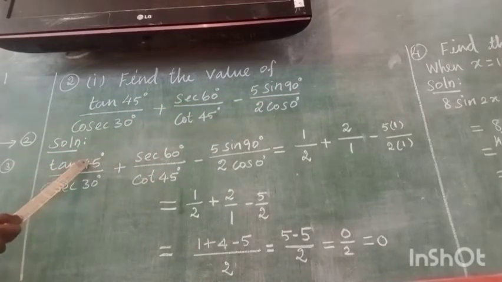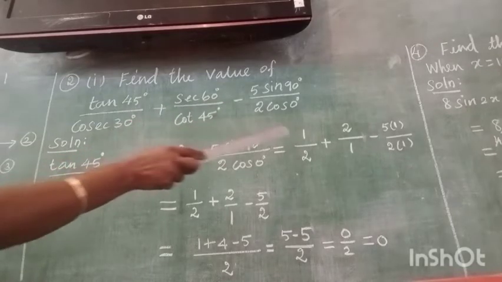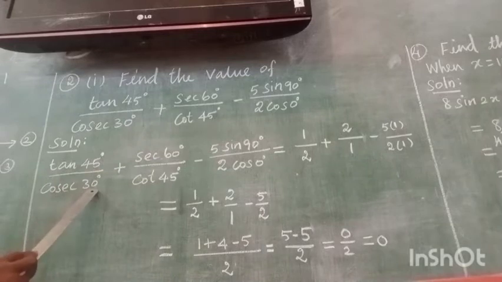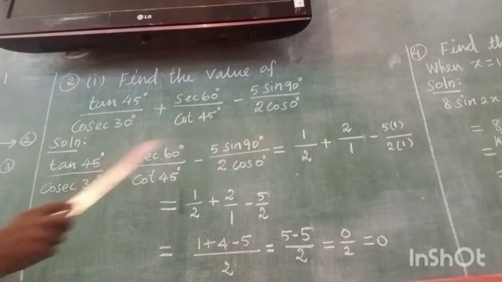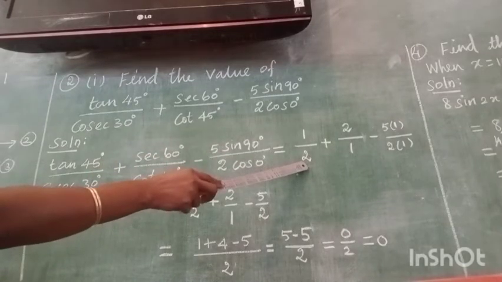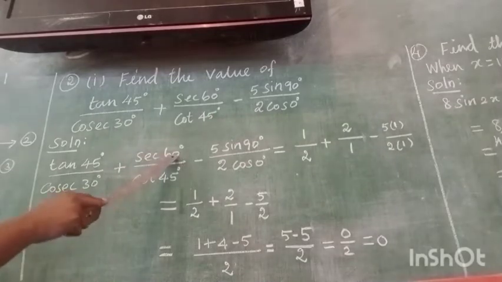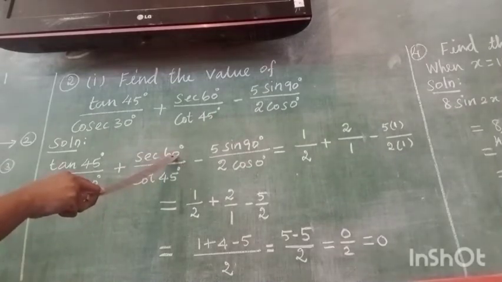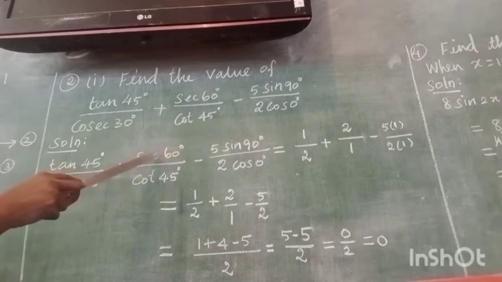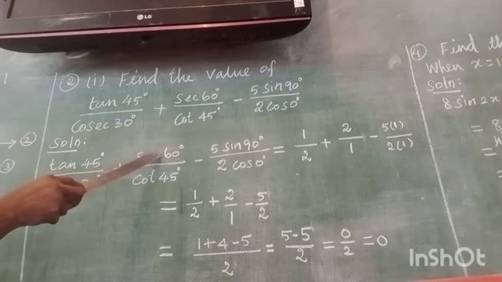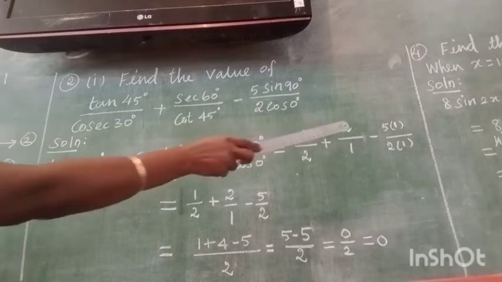Now you have to substitute the values. Tan 45 degree is 1 by cosecant 30 degree. Cosecant 30 degree value is 2, since sin 30 degree is 1 by 2 and the inverse is 2. Plus secant 60 degree: cos 60 degree is 1 by 2, the inverse is 2, so secant 60 degree is 2.